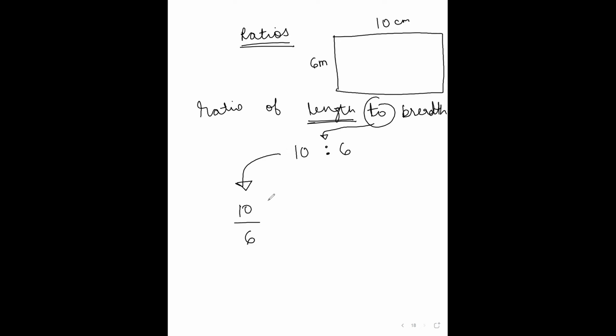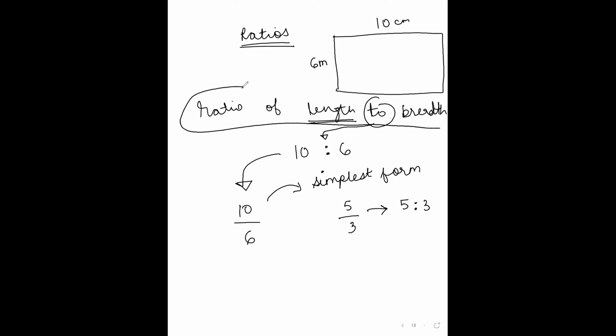Then you make it into the simplest fraction. 5 by 3. Very good. You convert this fraction into the ratio form. This becomes 5 is to 3. So the ratio of the length to the breadth of this rectangle is 5 is to 3.